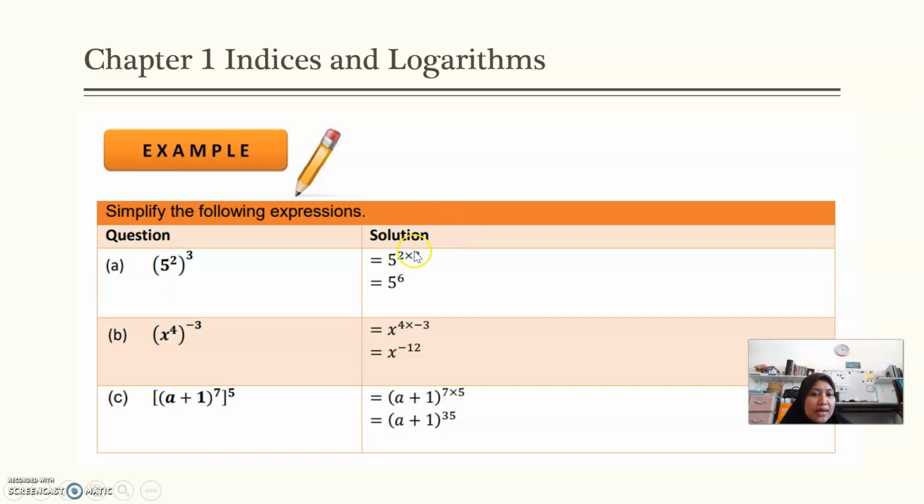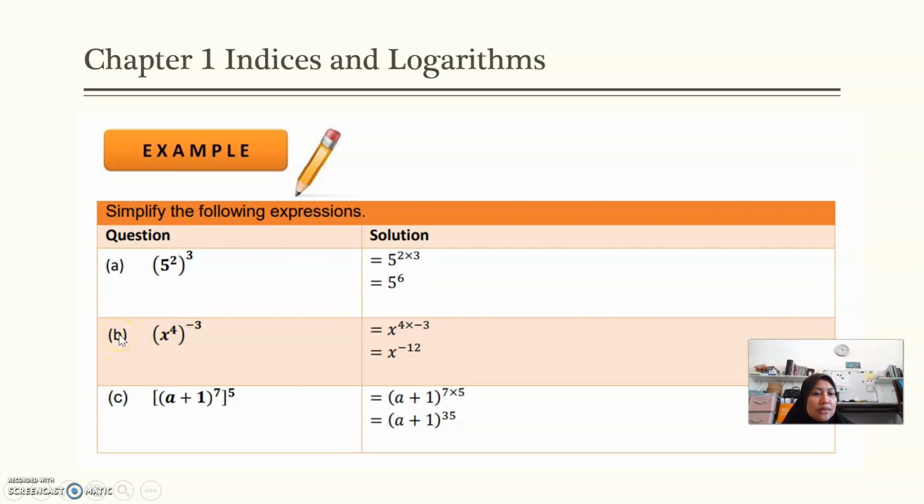So we multiply the power of 2 for base 5 with 3, and we will get the answer 5 power of 6, because 2 multiplied by 3 is 6.